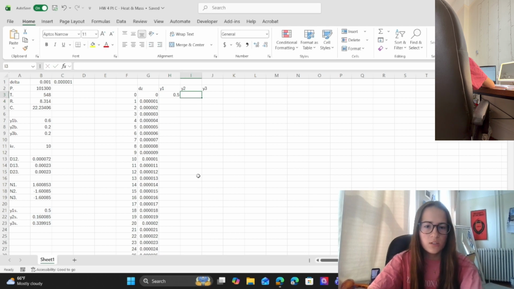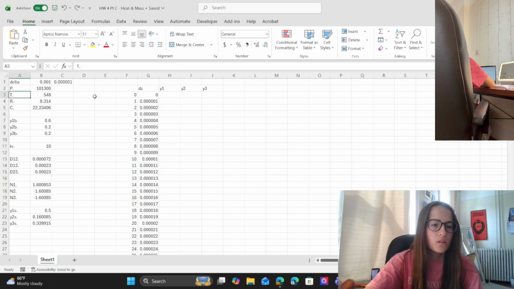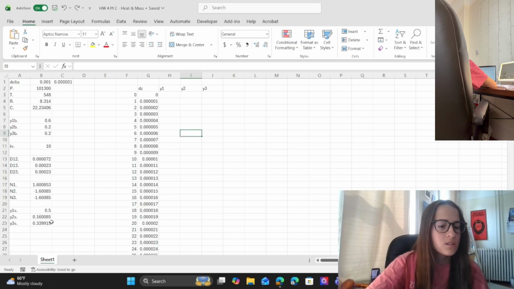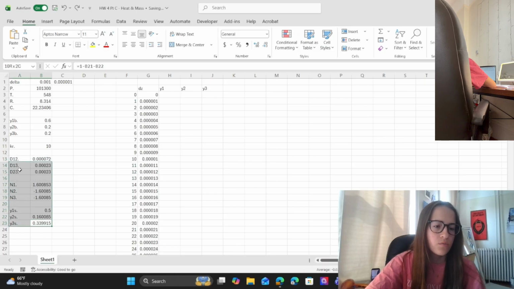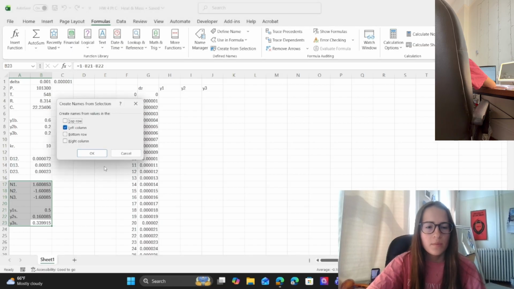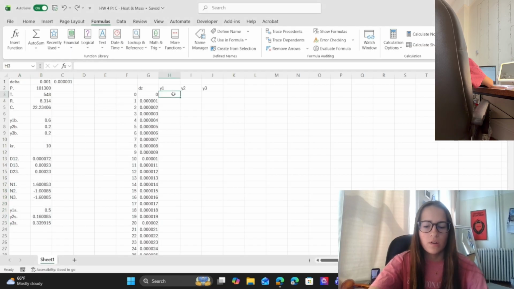Oh wait, I need to make this an equation first. I need to make all of these equations first. I think I already did for those up there. Or make it a formula so that we can call those values directly.